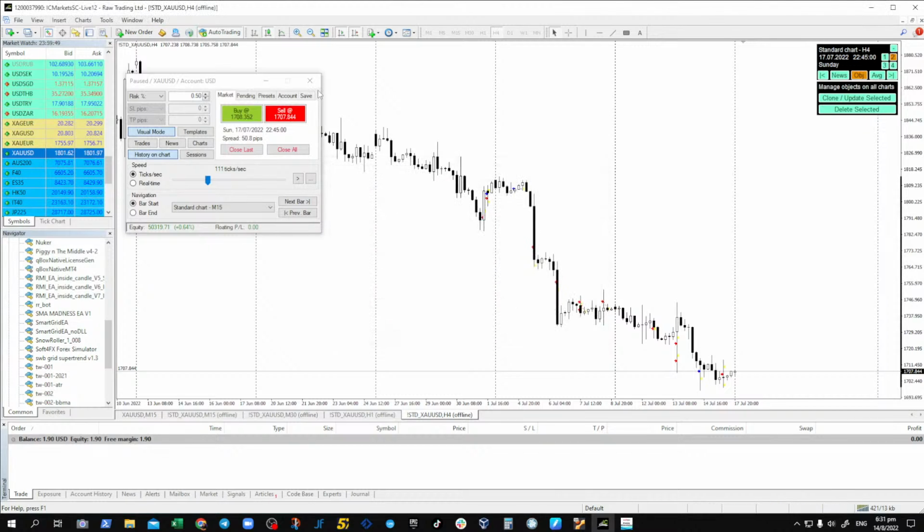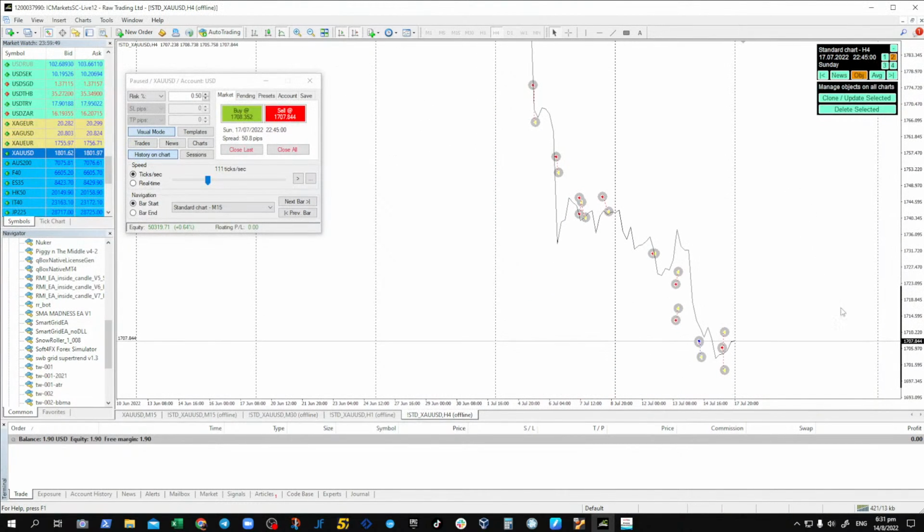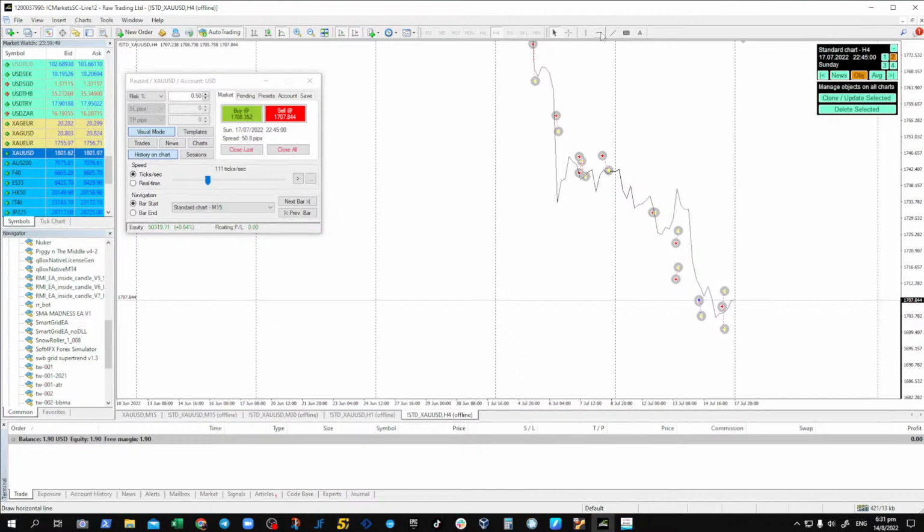Here we change the chart to a line chart to mark our SNR levels, and we zoom up a little bit so we can see it better. We have a support level here, resistance here, and an SR flip zone here.